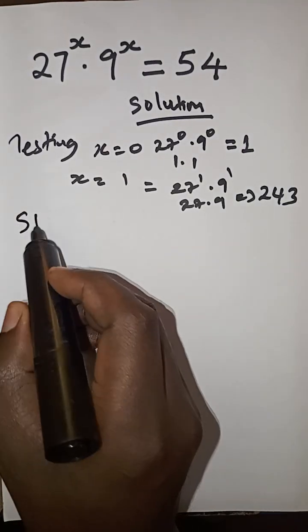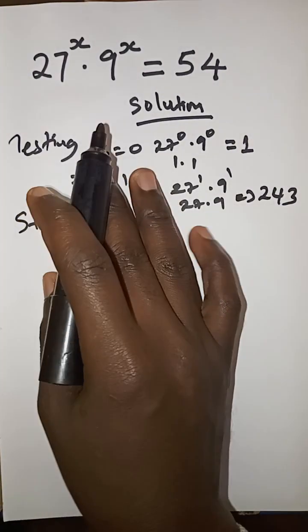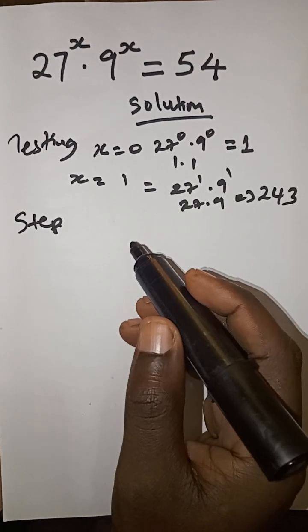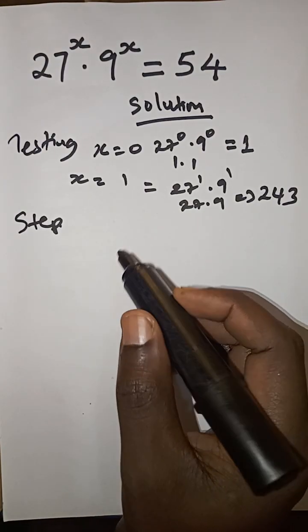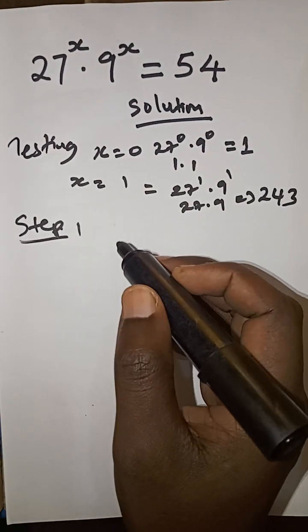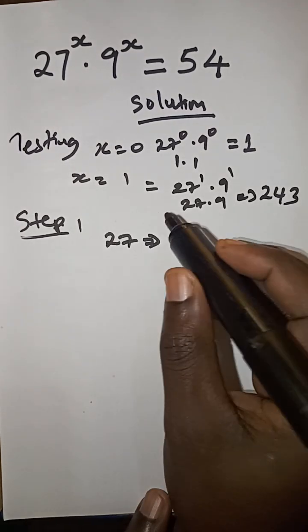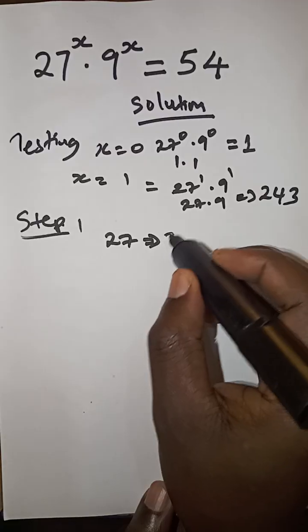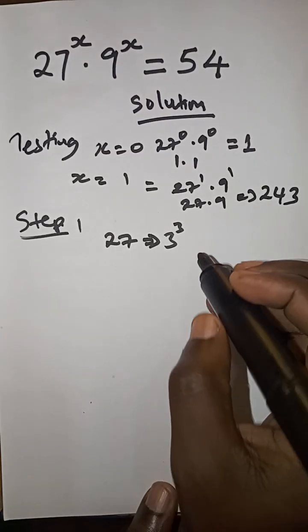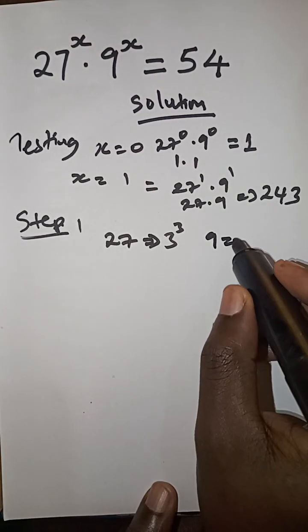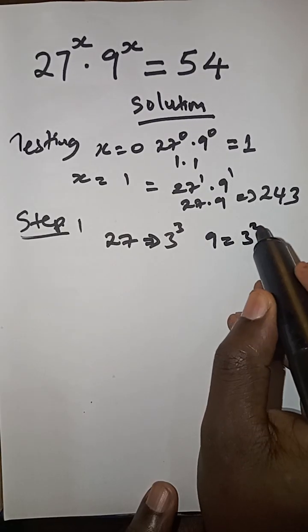In step 1, I'm going to apply the laws of exponents. Before I apply that, I need to rewrite 27 in terms of its simplest base, that is 3 to the power 3, and 9 is 3 to the power 2.